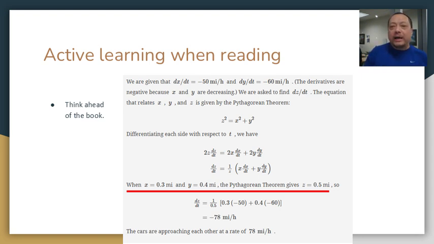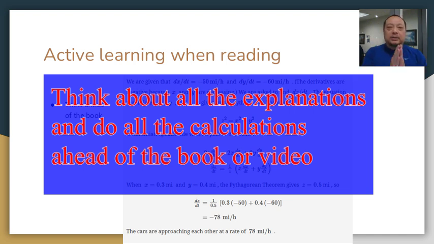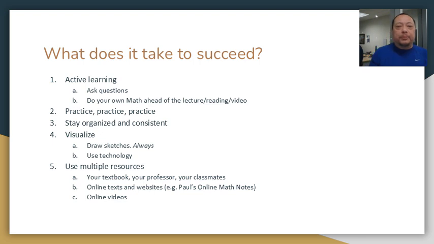Don't just copy down what the book says. This is also true when you're watching a video. You should also stop the video, pause it, and think ahead about all the explanations and do all the calculations before you watch it. That's the active learning part.